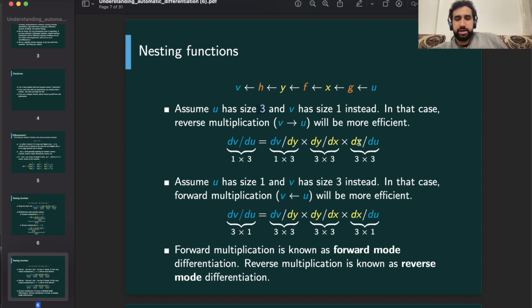Well, if you start from the right-hand side, you're going to start with a matrix of size 3x3 multiplied by another matrix of size 3x3. And this is going to take an order, or big O, of n cubed operations. Doing a matrix multiplication basically means you have to do each row by column, and doing that for all of the rows and all the columns is typically way more expensive than doing, let's say, a matrix vector multiplication, right?